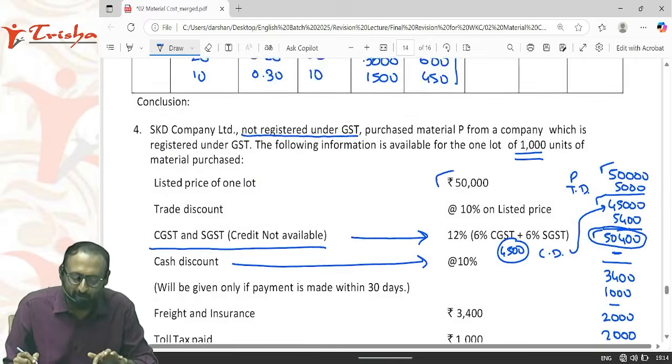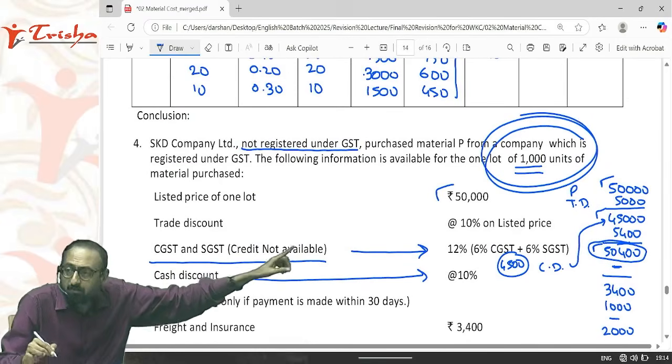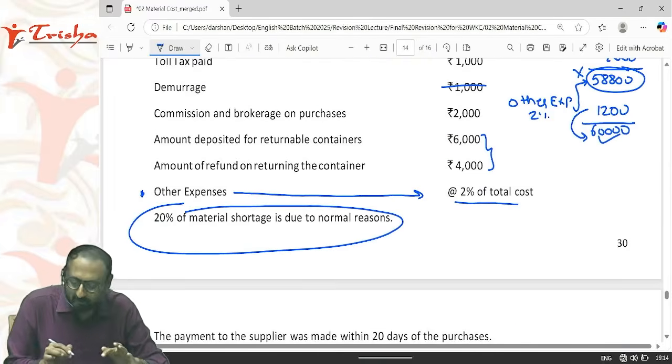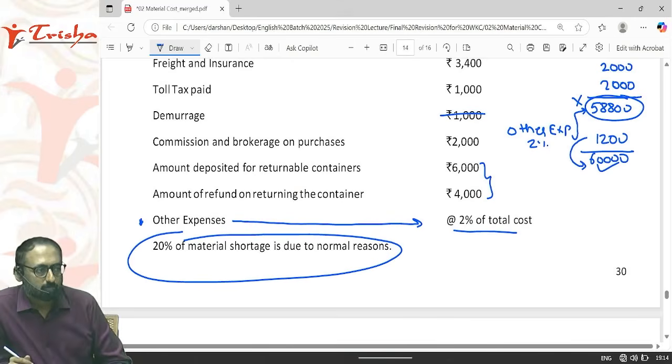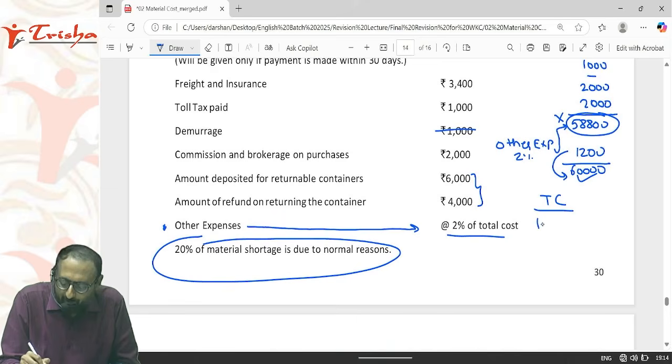Sir, how much is your input quantity? Is it 1000, Sarji? How much is the normal loss quantity? Is it 20% normal loss? Tell me how much will be the cost per unit. Total cost divided by input minus normal loss. Total cost is 60,000. Input, how much input I told you? 1000.